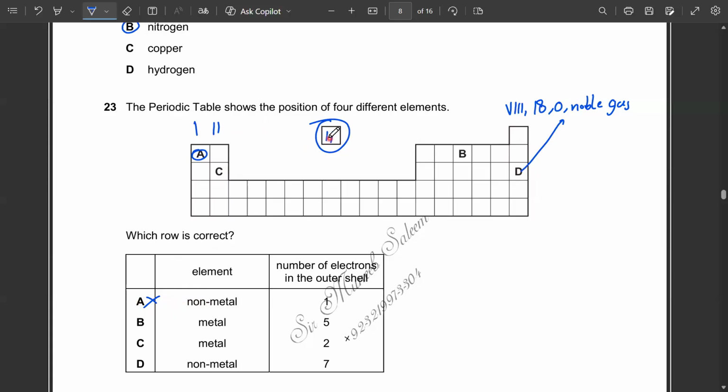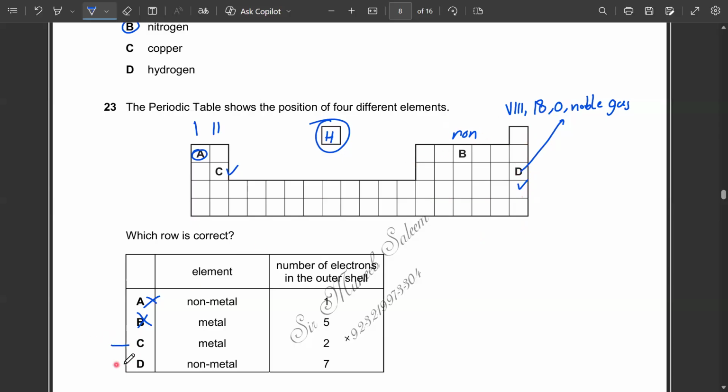This was the hydrogen. This is non-metal. B is a metal? No, it is not a metal. It's a non-metal. C metal. Yes, it's a metal. And D non-metal. That's also correct, because this whole region is the region of the non-metals.